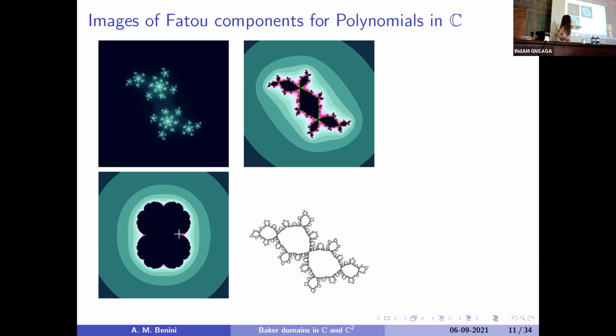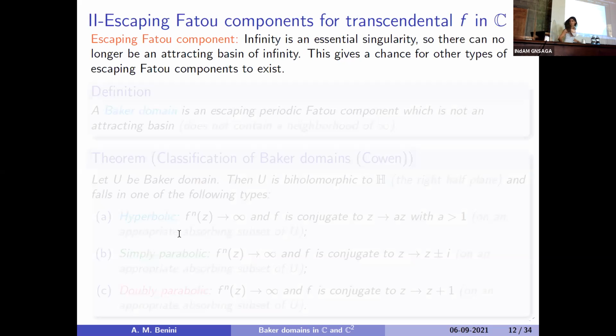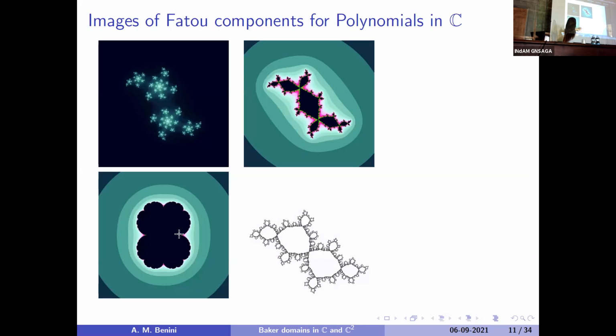This is another image of quadratic polynomials. The outside of this beautiful picture is the attracting basin of infinity, which, if you look at it in the Riemann sphere, is a disk. And each one of these blocks is a Fatou component. One of them, it could be this or this, it depends, because they are symmetric anyway.